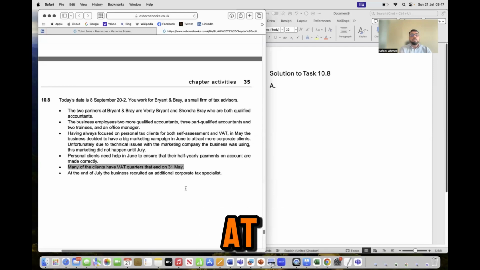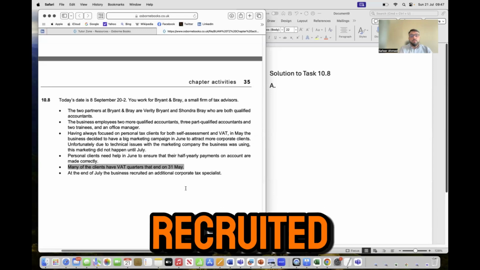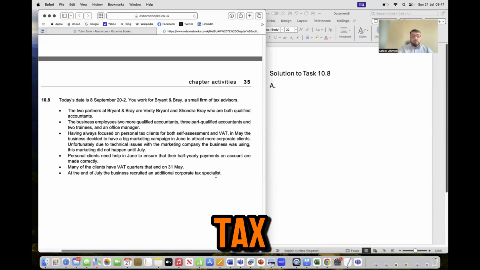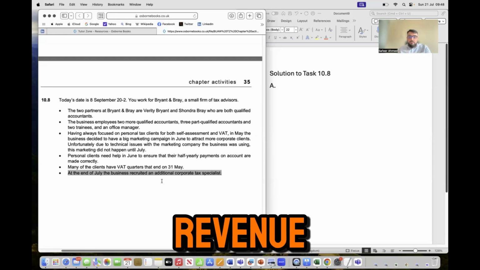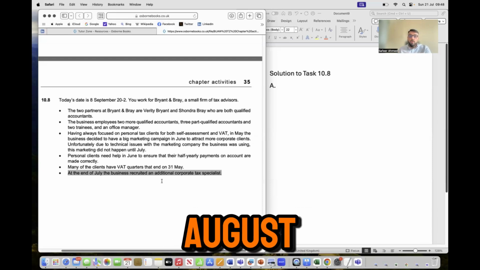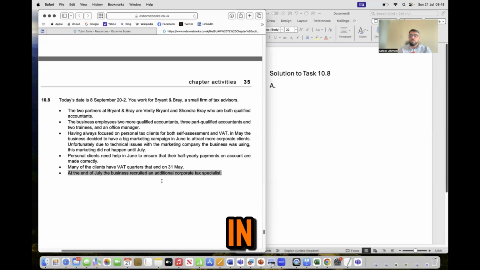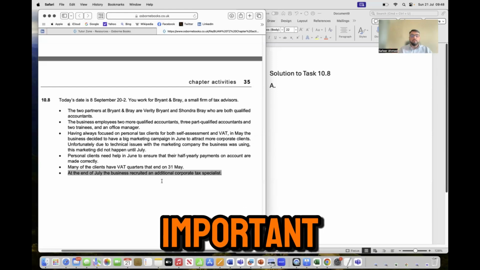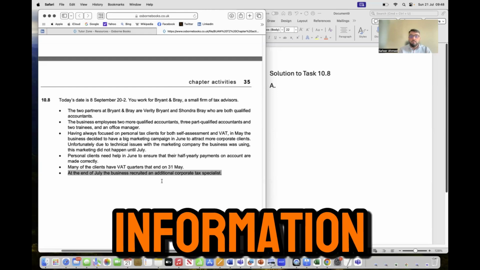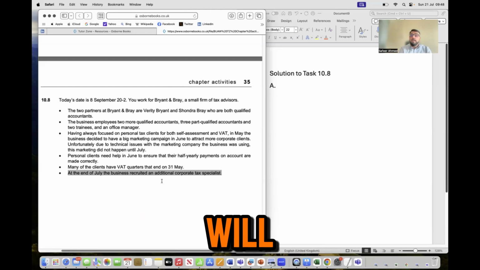At the end of July, the business recruited an additional corporate tax specialist. Due to this fact, there might be increased revenue in August, or to some extent in July as well. So we will have a look into the data, and in line with all of this important information, we will be analyzing it and discussing it.